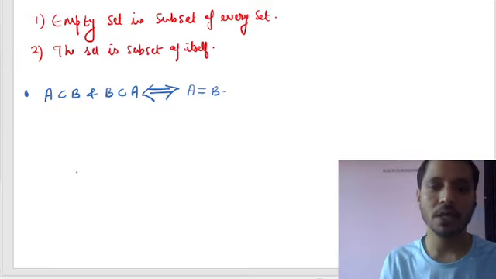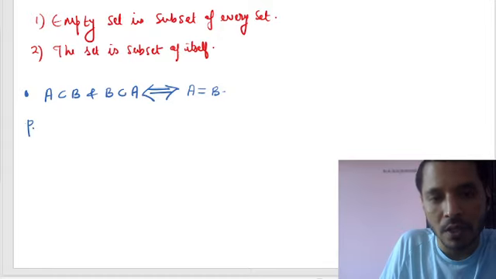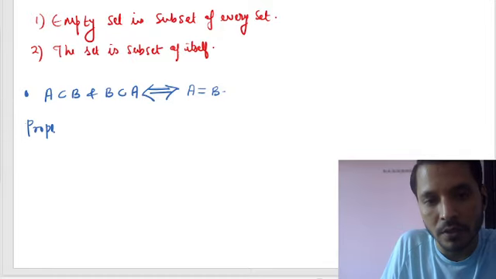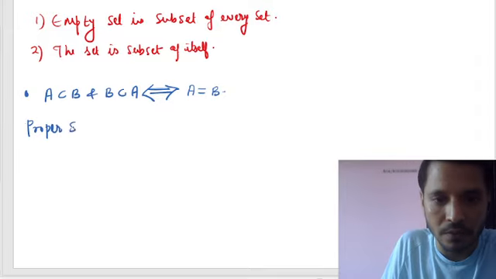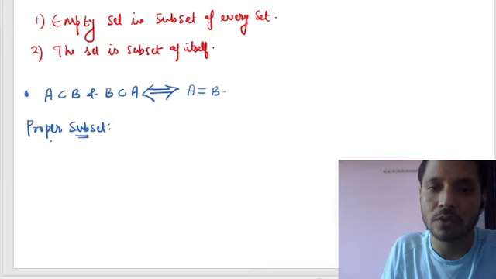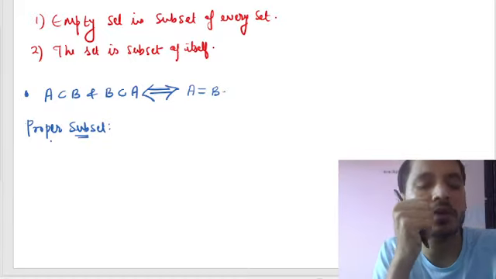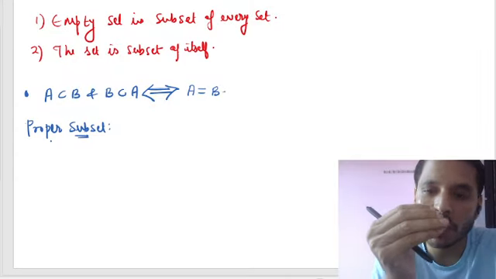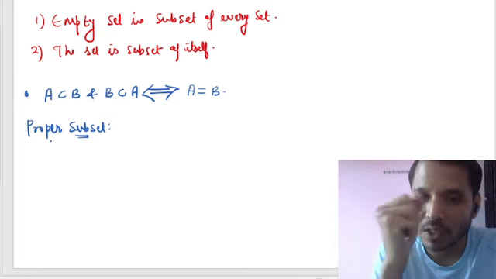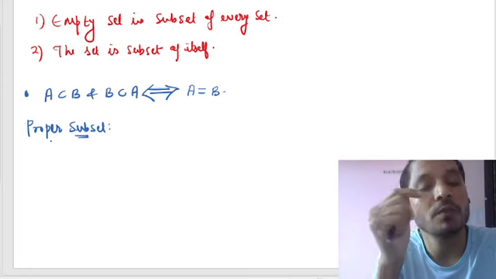One more point here we have to note down: proper subset. What is a proper subset? What does this word proper mean? When we say subset, that subset should be smaller than the given set, then only it will be proper. Because sub means smaller than the given set. But when it is not smaller, then it is not a proper subset.